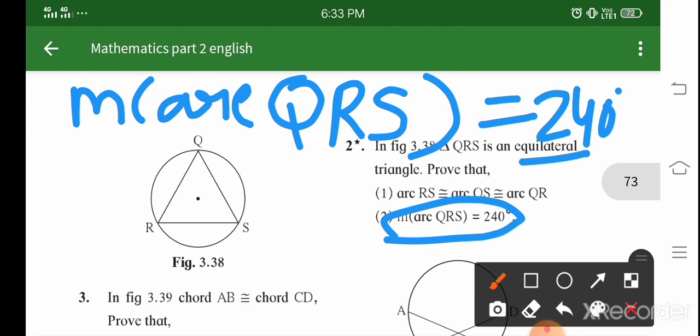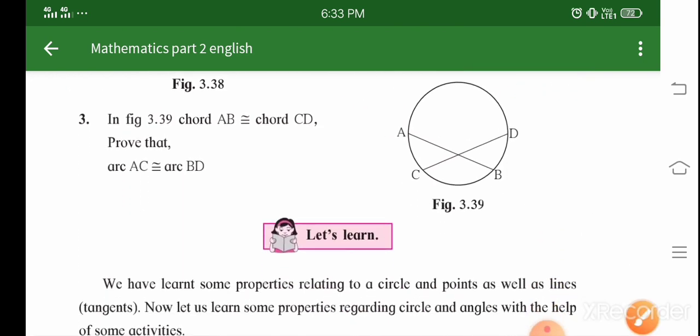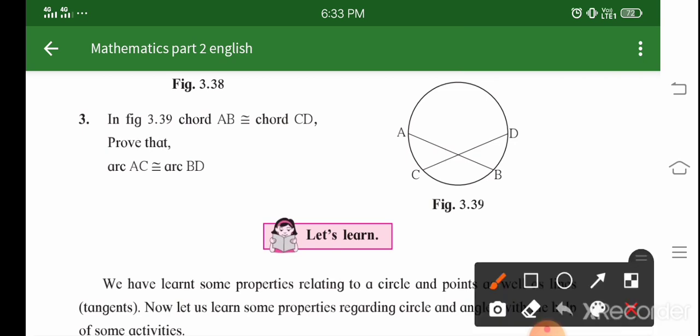Now let's move ahead. We'll solve question number 3. In question number 3, in the figure they have given a chord AB, and CD is also a chord, and both chords are congruent to each other. We have to prove that arc AC and arc BD are also congruent.